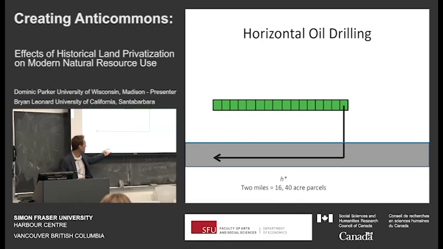Well, 2 miles, to give you an idea of the number of exclusion rights through even just fee simple parcels, is 2 miles would equal 16 40-acre square parcels. So if the ownership claims are respected down to the subsurface, you would have to get permission from 16 people to drill this technologically optimal length line of H star.